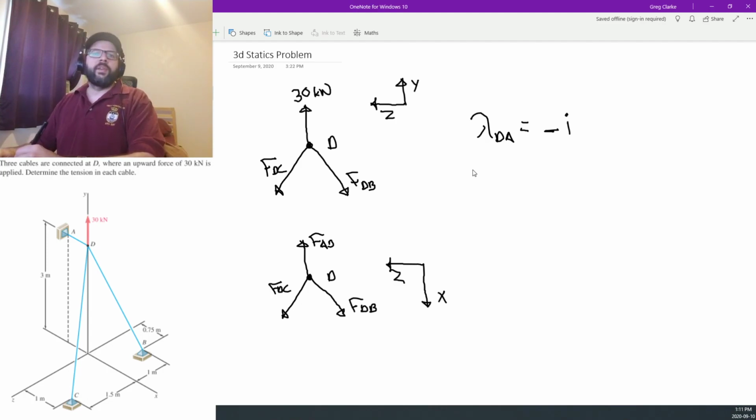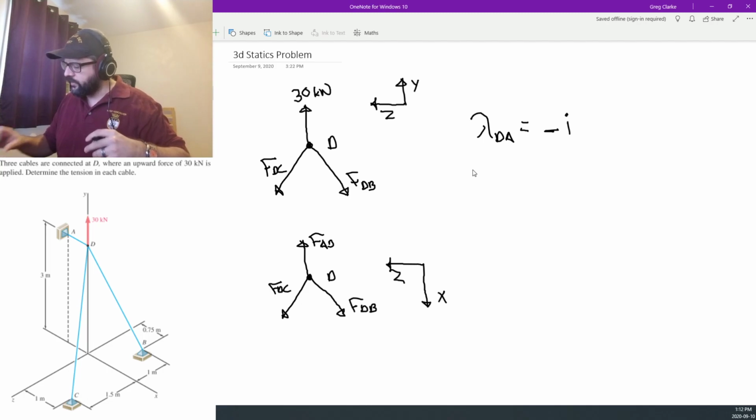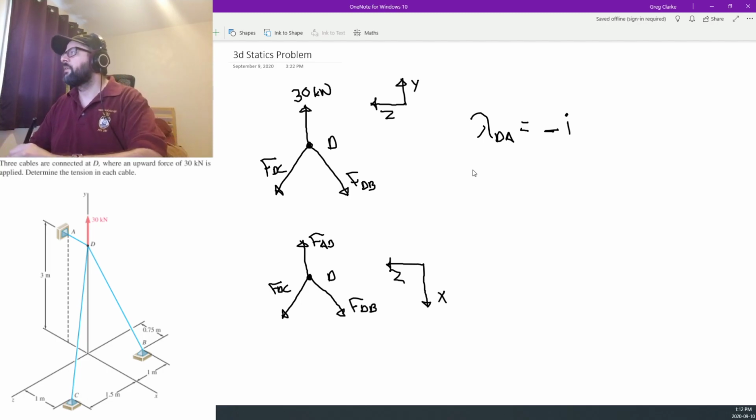As for the other two, we actually have to do a bit of math. If we want to do D to B, the first step is to define that distance, dB.